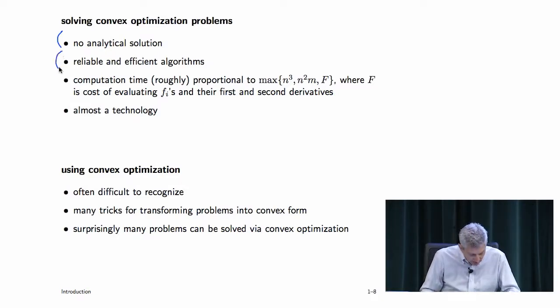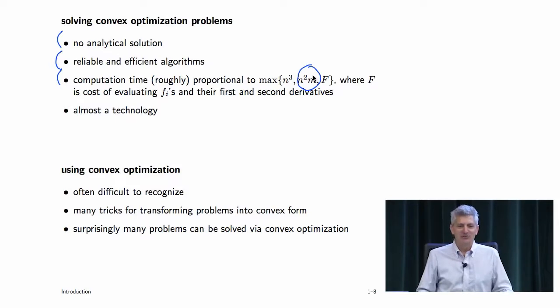But there are reliable and efficient algorithms. And the computation time is roughly the same as something like least squares. It depends, though, on various things, and we'll have a much more nuanced picture of this later in the class. But something like n squared m would come up, depending on the sizes of various things.